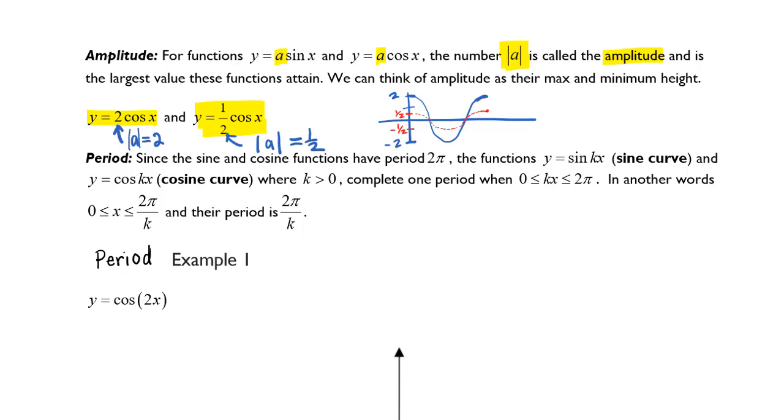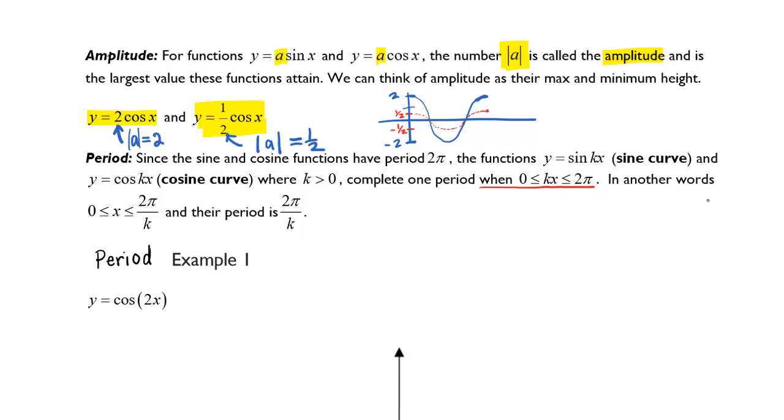Since the sine and cosine functions have period 2 pi, the functions y equals sine of kx, the sine curve, and y equals cosine of kx, the cosine curve, where k is greater than 0, complete one period when kx is between 0 and 2 pi.